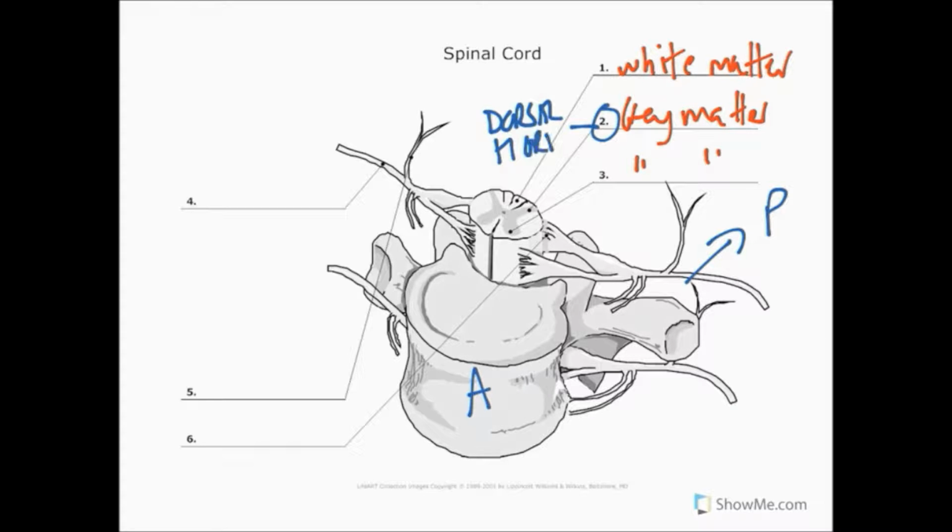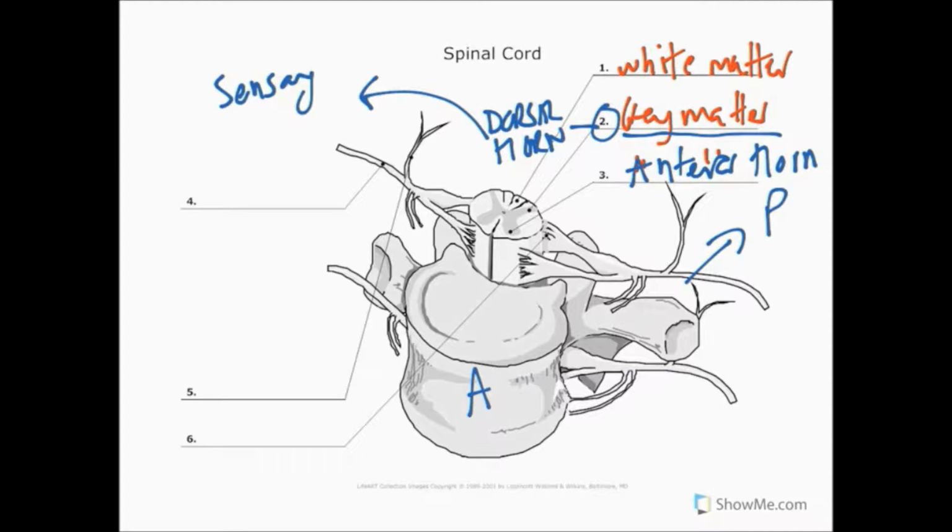Dorsal horn. And 3 would be the anterior horn of the grey matter. And this is where we'd have cell bodies of neurons, and all of the cell bodies in the dorsal horn are sensory in function, and those in the anterior horn are motor.